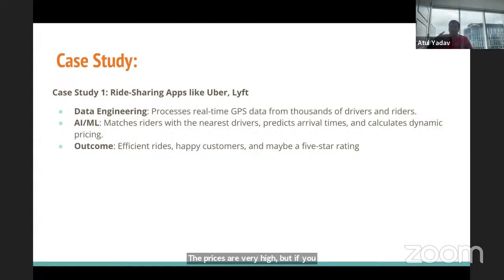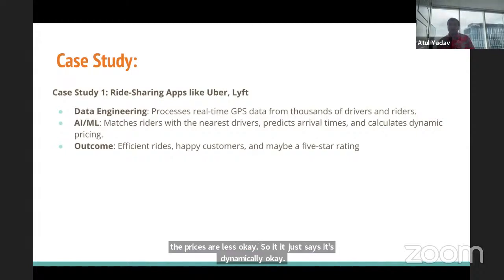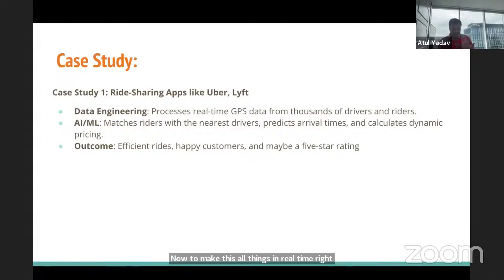So it adjusts dynamically. Now to make all of this happen in real time, it should capture all the GPS coordinates in real time, process them efficiently, predict the arrival times, and also calculate the right prices as well. That is something which that application needs to take care of.